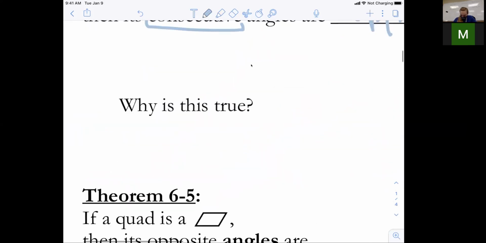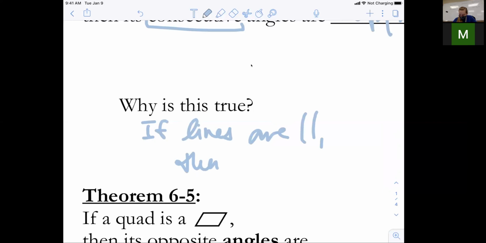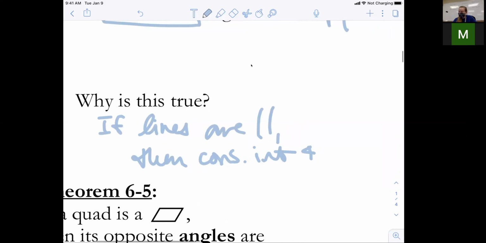I'm going to write if lines are parallel, then consecutive interior angles are supplementary. We used to write that all the time. Now we're not going to write it that much. We're just writing it now to remind ourselves why that is. Based on that theorem that we learned back in chapter 3, we're now in chapter 6 and we're still using it in this parallelogram.